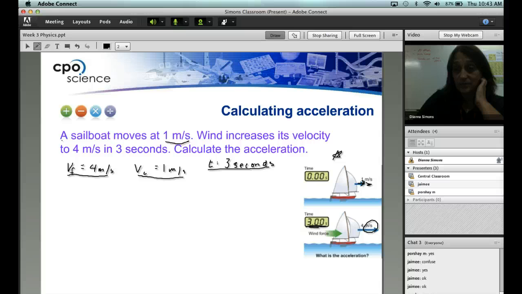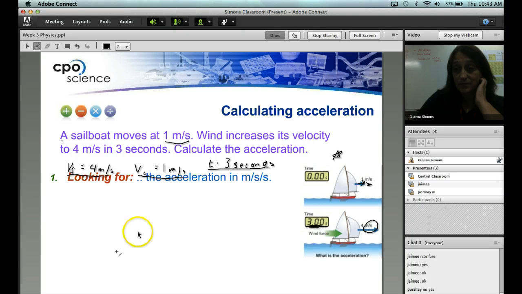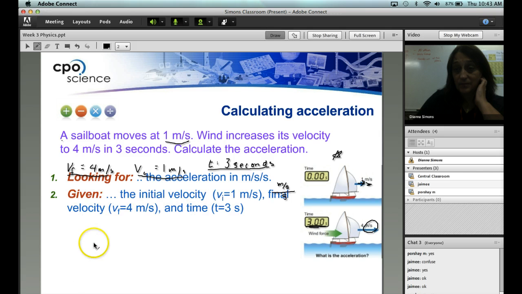All right, so let's look. So we're looking for acceleration, and acceleration is meters per second divided by seconds. Because let's think about that. This is our velocity, and this is our time. Okay, so we're given that the initial velocity was 1, the final velocity is 4, and the time is 3. Alrighty, so remember that this was our formula that we had.